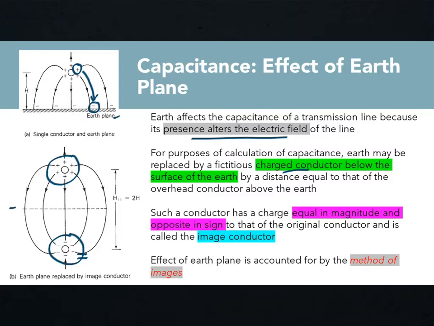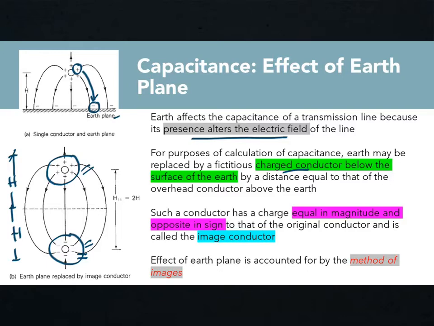Okay? So, if this is H, because this is H. The assumption also is that the true charge has the same magnitude, equal magnitude nitong fictitious charged conductor that is below the surface of the earth.